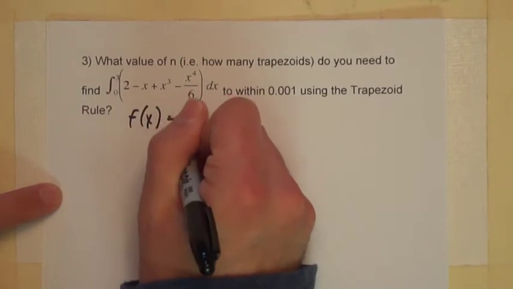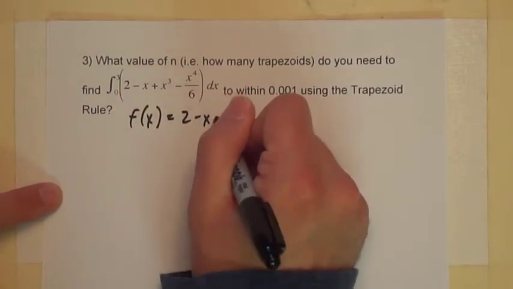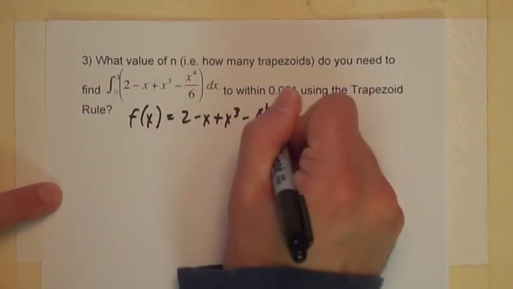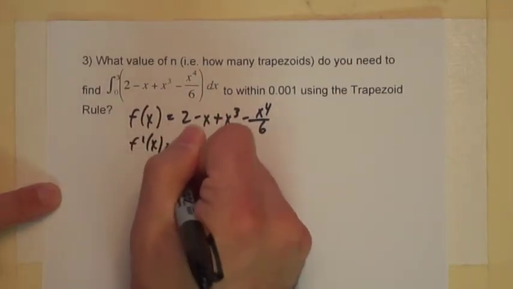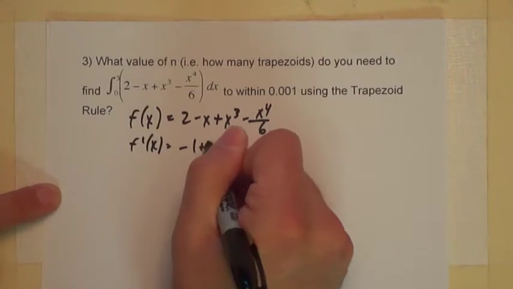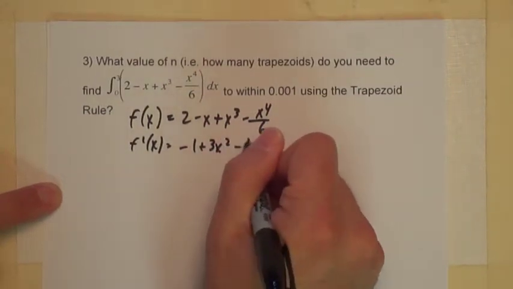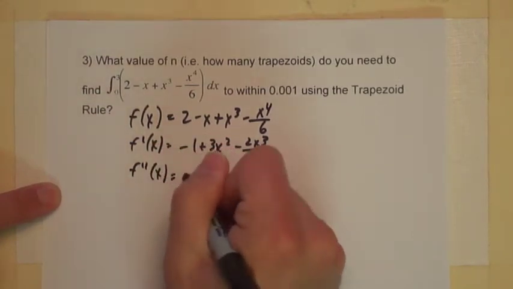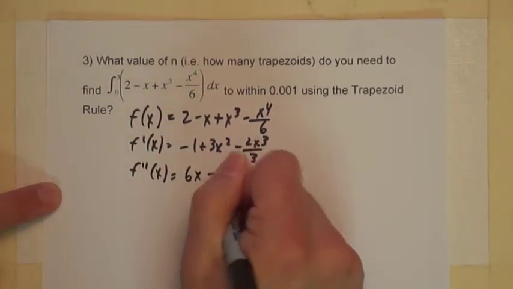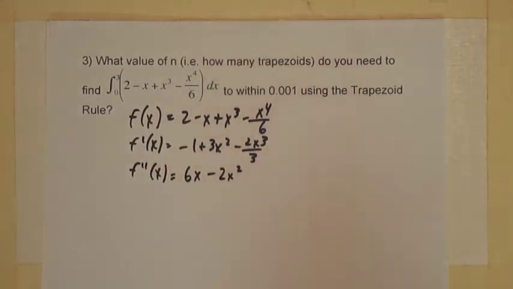If f of x is 2 minus x plus x cubed minus x to the fourth over 6, then f prime of x is negative 1 plus 3x squared minus 2x cubed over 3, and f double prime of x is 6x minus 2x squared.